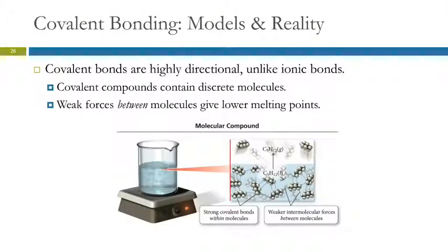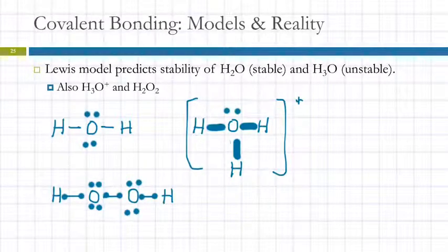Does this model fit with reality? Well, these covalent bonds are highly directional, right? If we go back to this, this bond is between this hydrogen and this oxygen. It's not shared with anything else, and so it's very directional.